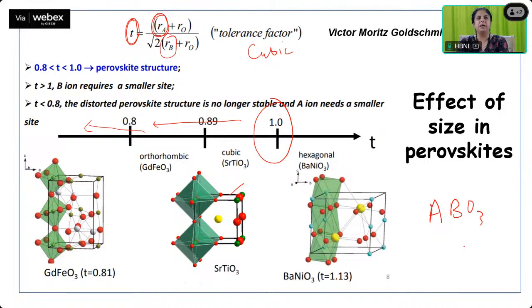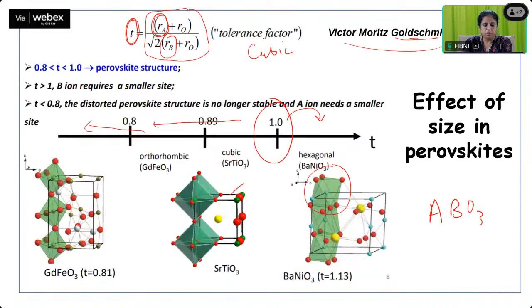So you have ilmenite, and others, and I will not talk about them here, but they are very interesting crystallographic cases to study. And if you go beyond 1, then your corner sharing changes to face sharing, and you land up in some other crystal structures. This tolerance factor ratio is also called the Goldschmidt ratio, given by Victor Moritz Goldschmidt.